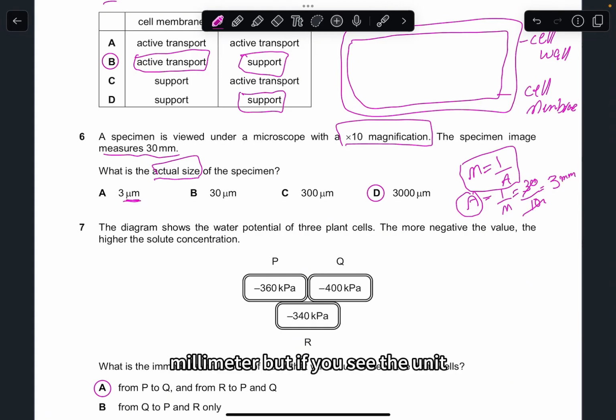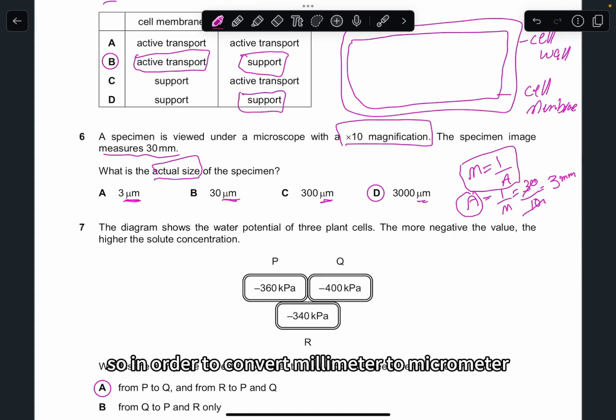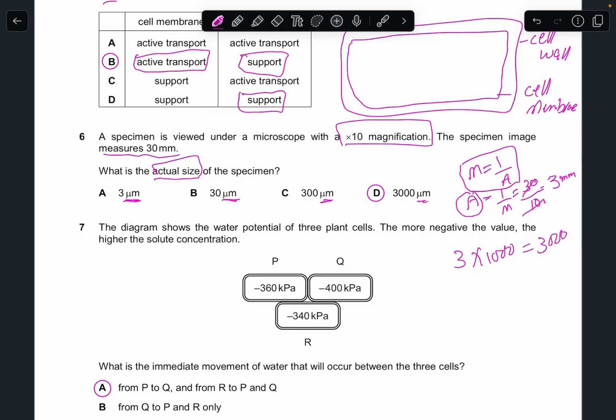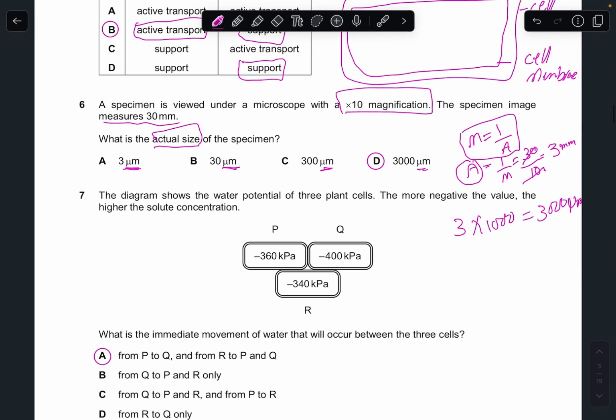But if you see the unit, that is micrometers. In order to convert millimeters to micrometers, we multiply 3 by 1000. That is 3000 micrometers. The answer is D.